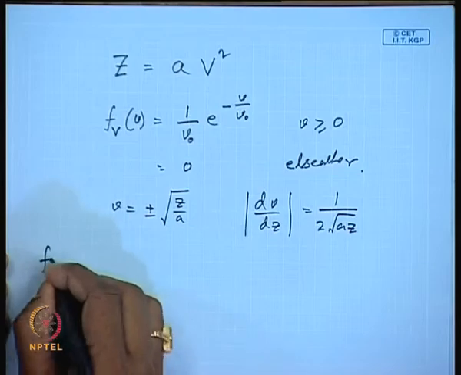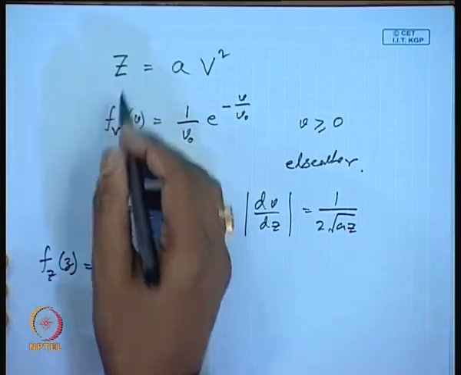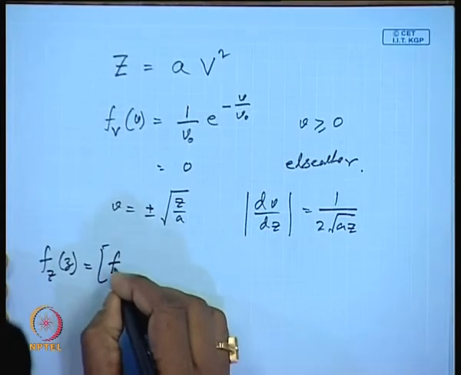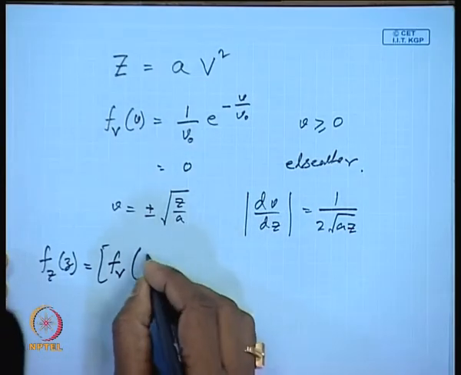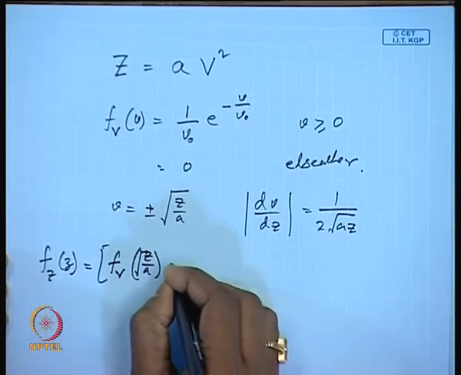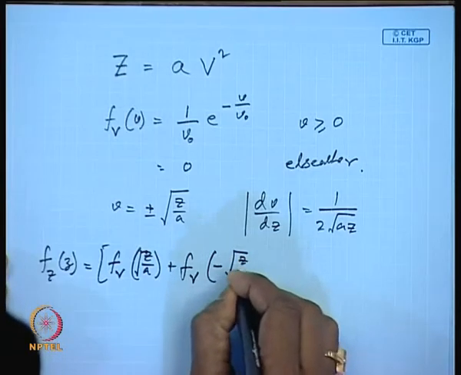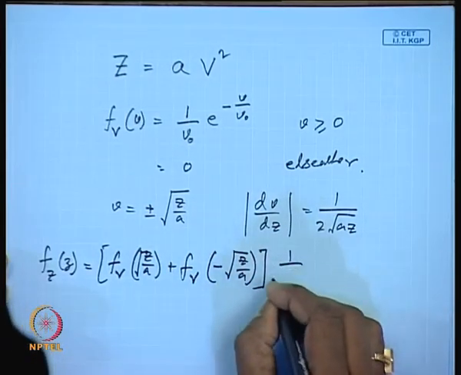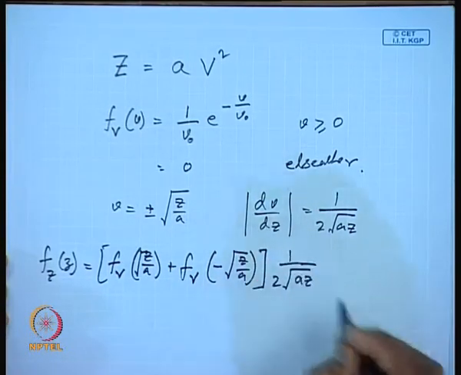Now f z, the distribution of this new random variable z, is equal to the distribution of the known variable at those roots, that is z by a. If we want to write the complete expression, f v at minus square root z by a, times 1 by 2 square root of a z, which is the value of this one.